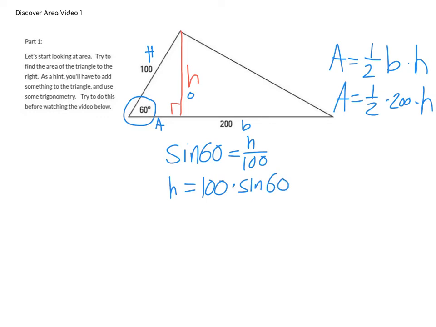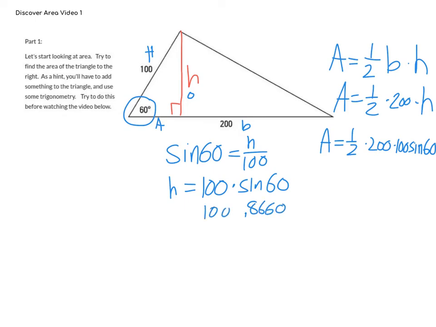If I literally plug this into my area formula, I've got the area is equal to 1/2 times 200 times 100 sine of 60. And again, for all purposes, you're done here. If you'd like to get a decimal for this, sine of 60 is 0.8660.